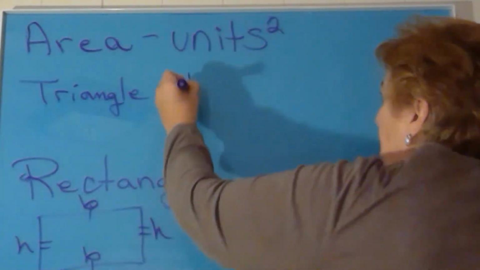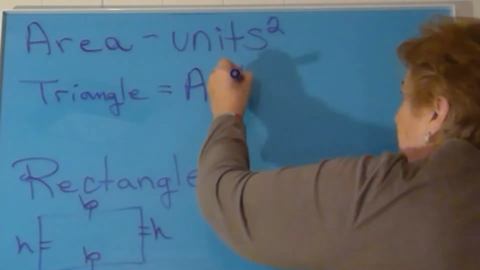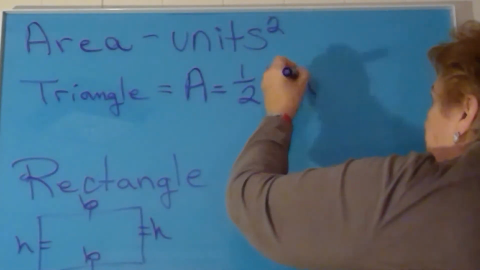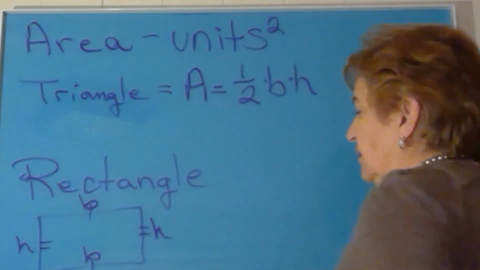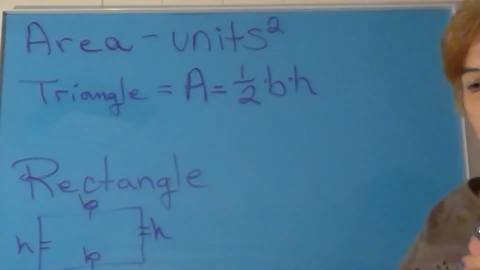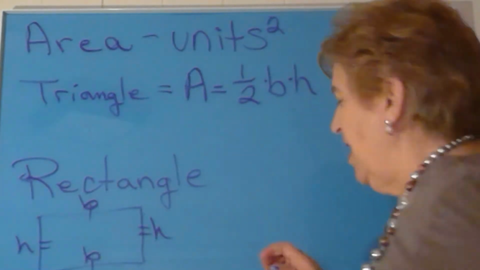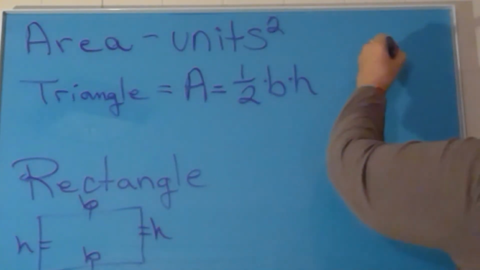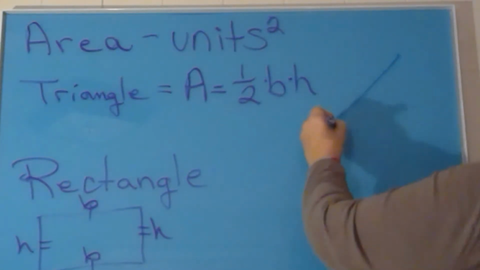The area of a triangle is 1/2 the base times the height. Where does that come from when we were using A, B, and C for the sides? Well, the base can be any side of the triangle.